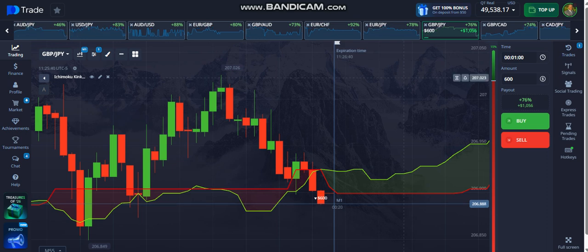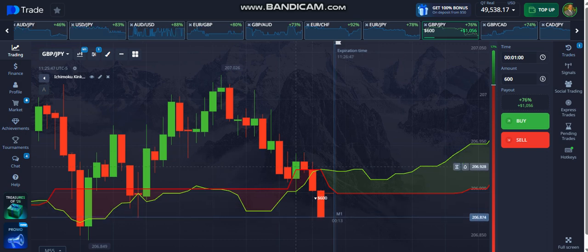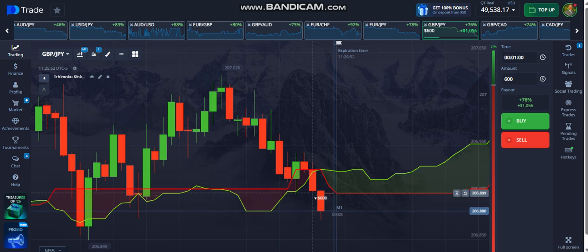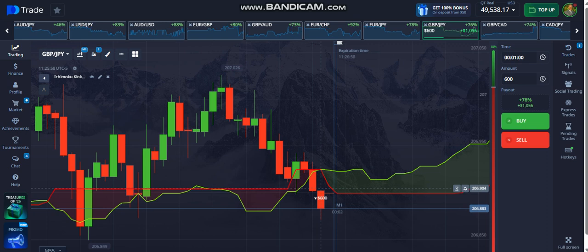Okay, so I'm on the Great British Pound Japanese Yen, and what I did is I waited for the price to enter the cloud here in this bearish direction. You see that? And then waited for the price to close outside the cloud. And so then I took a trade in the direction of the movement.